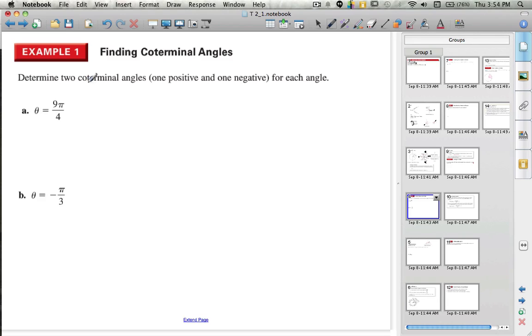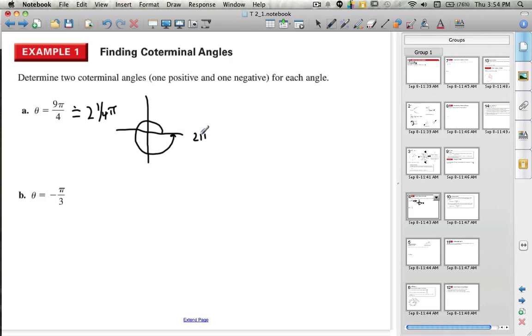So now if I want to find coterminal angles, one positive and one negative for each angle, if we think about this is 9 pi over 4. So that's really 2 1/4 pi, right? So 2 pi would be all the way around the circle.